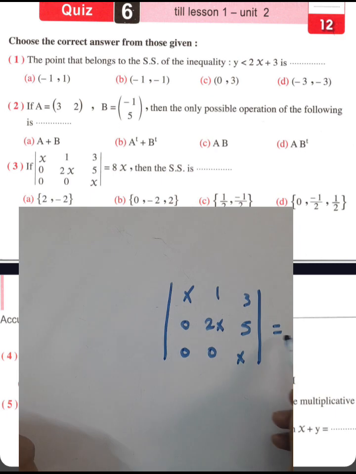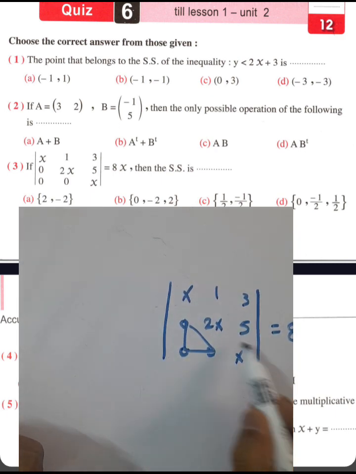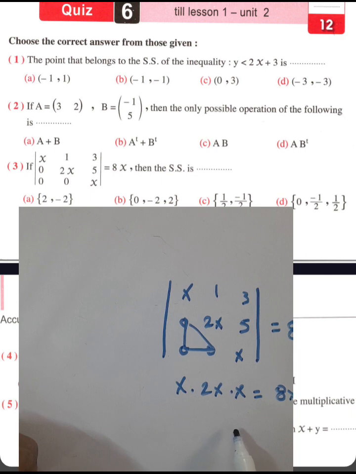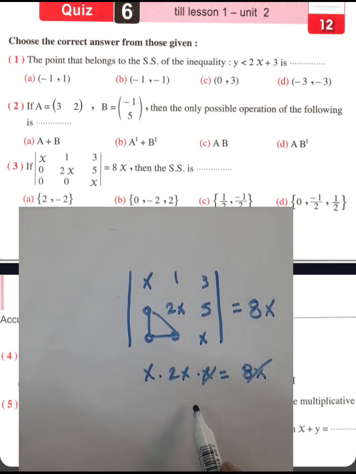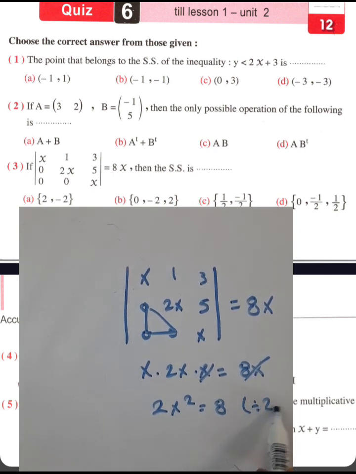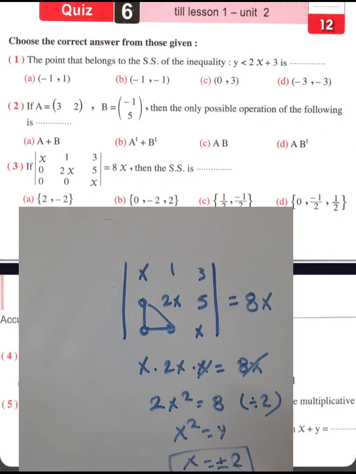Then the product of the diagonal here, x times 2x times x, equals 8x. We can simplify, cancel x by x, then 2x power 2 will be 8, and then you can divide by 2, then x power 2 equals 4, the value of x equals positive or negative square root of 4 equals 2.